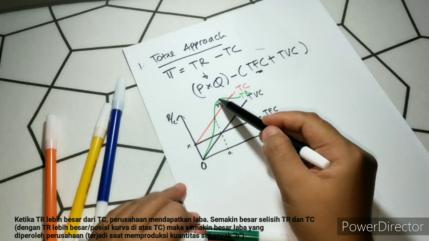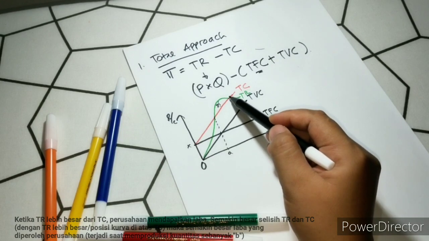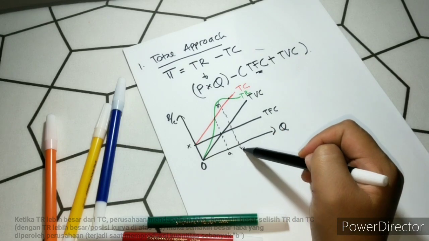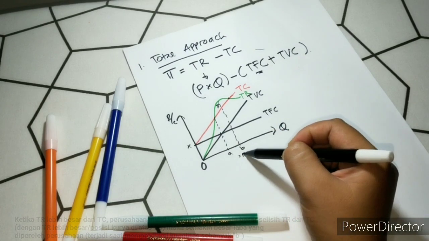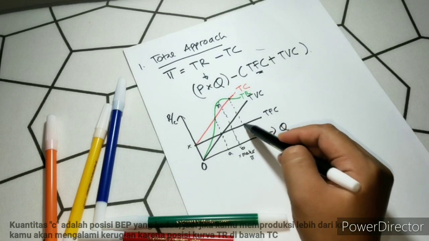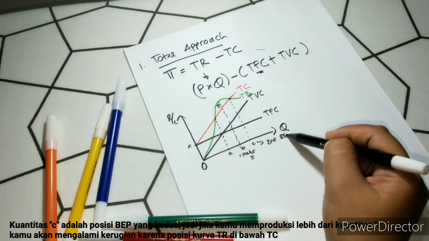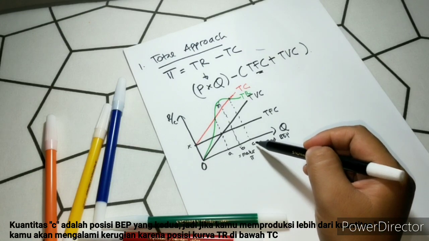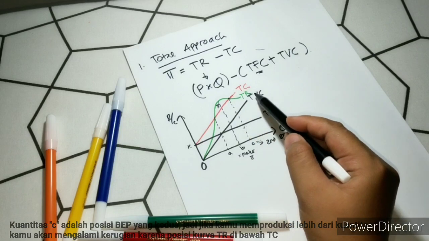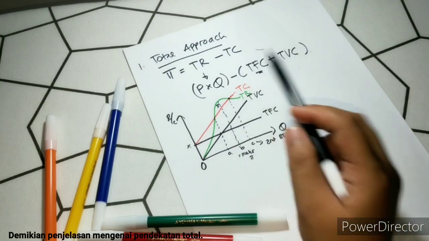And for this one, this is B, which means maximum profit. And this one is the second break-even point. So if you produce more than C, you will get loss again because your total revenue is below your total cost. So this is the total approach.